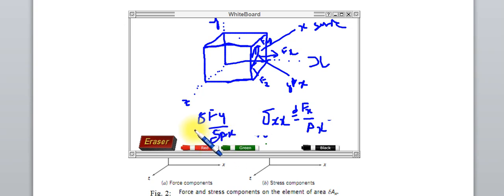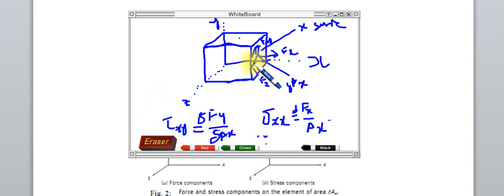As the plane is x but the direction is not x but y, we will consider this force as a tangential force. When the tangential force acts on the area, the x plane in the y direction, we call this shear stress, tangential stress.